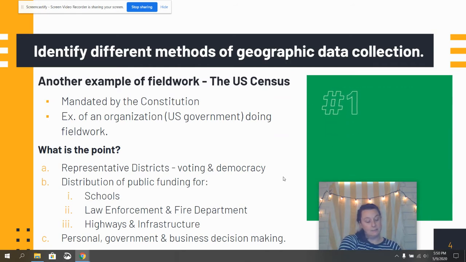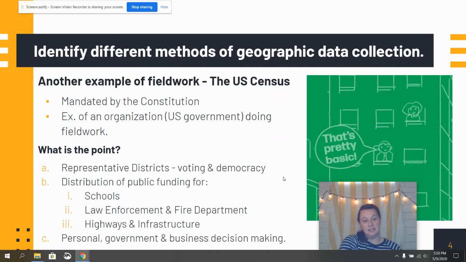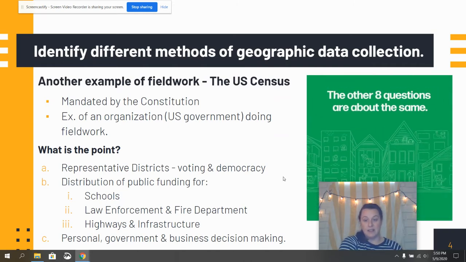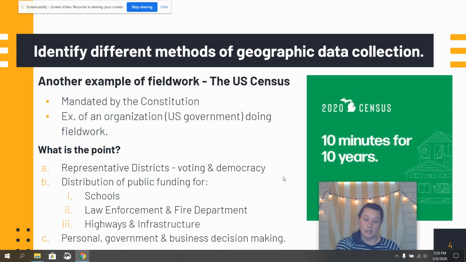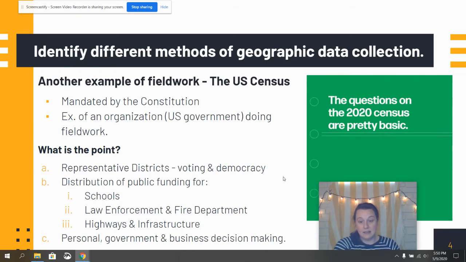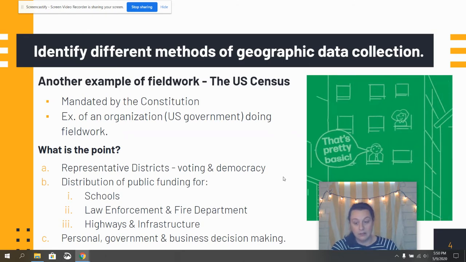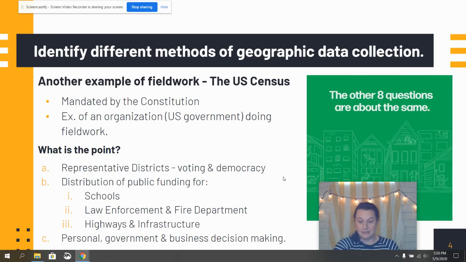So the census is mandated by the US Constitution, and so it's carried out by the US government. So it's the actual US government that's going out and doing field work. And basically, they're taking a survey of how many people live in the United States.